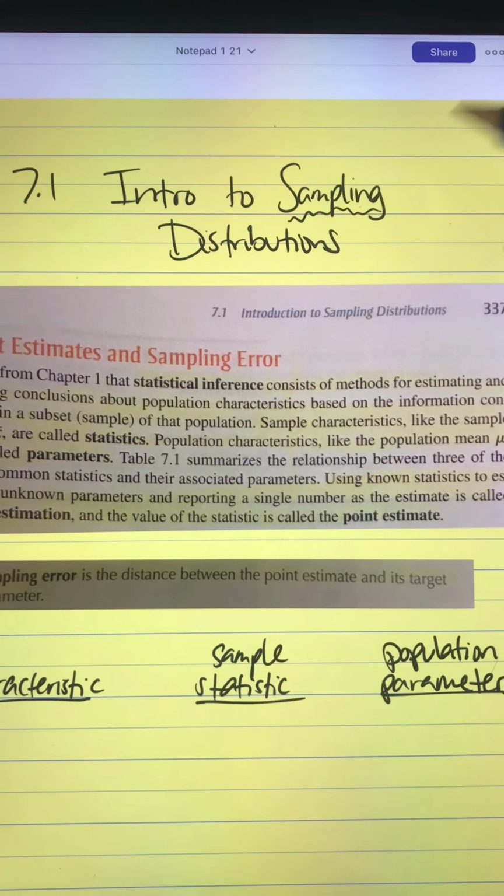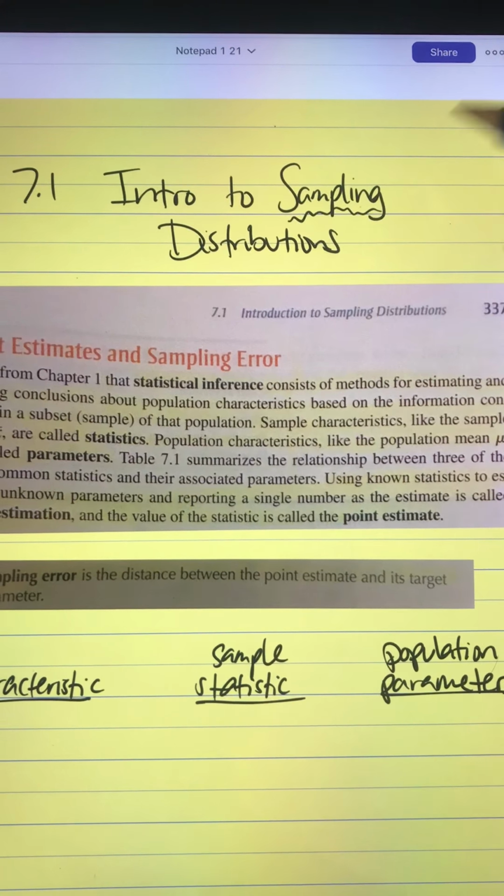The mean of a sample looked like x bar. The standard deviation of a sample was the lowercase s. And a proportion was a p hat. Remember, that was an estimated proportion. For a population, the mean is mu. The standard deviation is sigma, and the proportion of a population is just p.